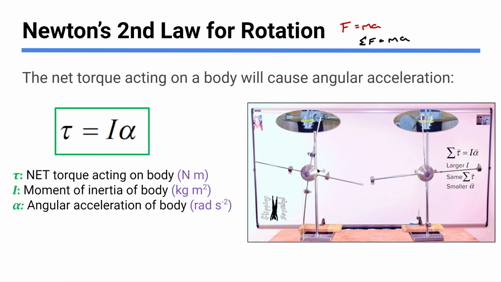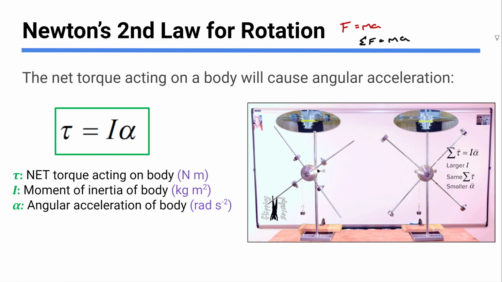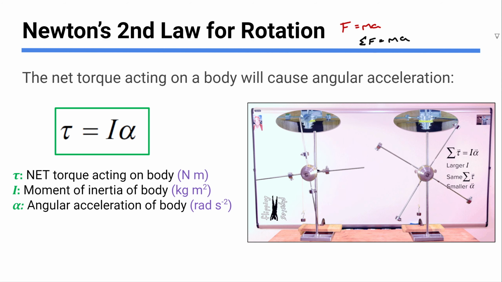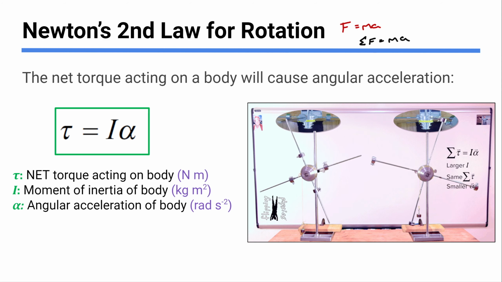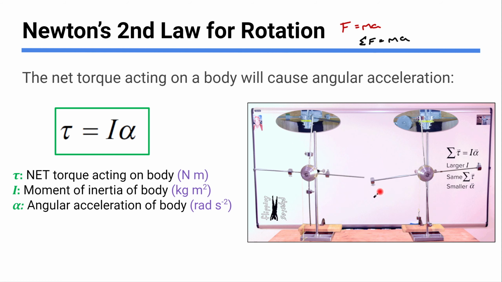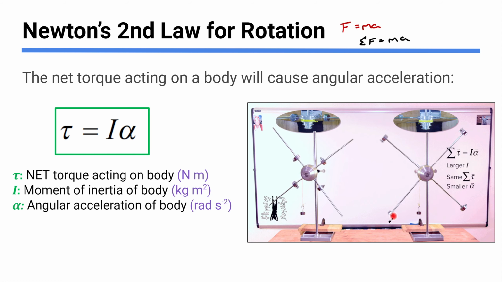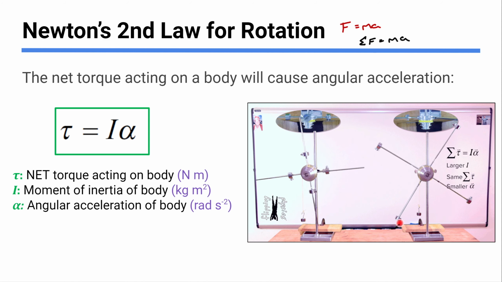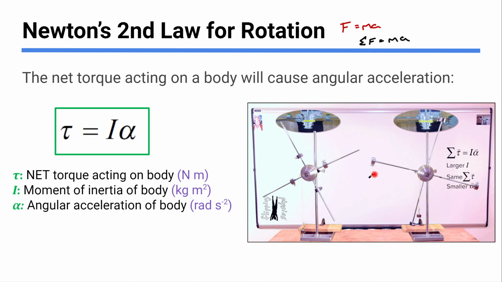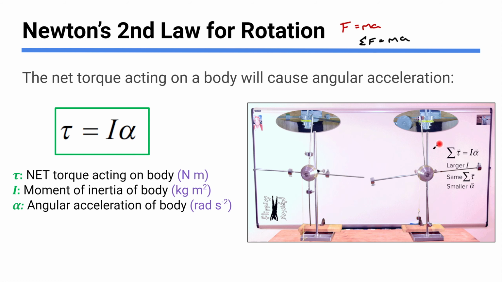Okay, so here's a little example of that same idea of angular acceleration and moment of inertia. This is a little device that's pretty fun. It's the same mass both ways, and what it is, if you can see, there are these weights, little discs screwed on to these long rods.